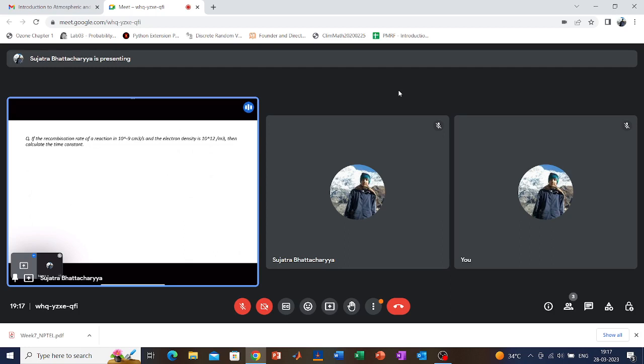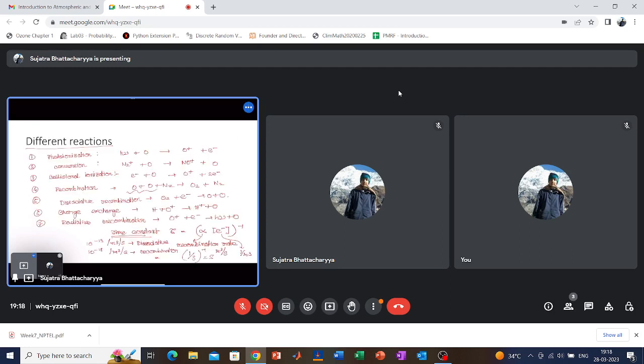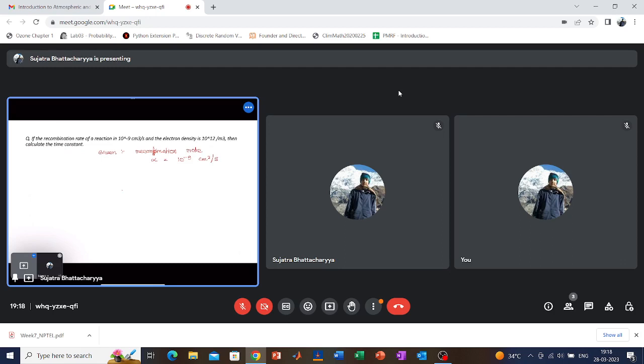If the recombination rate alpha is 10 to the power minus 9 centimeter cube per second. This is the same unit we were discussing, meter cube per second, centimeter cube per second.